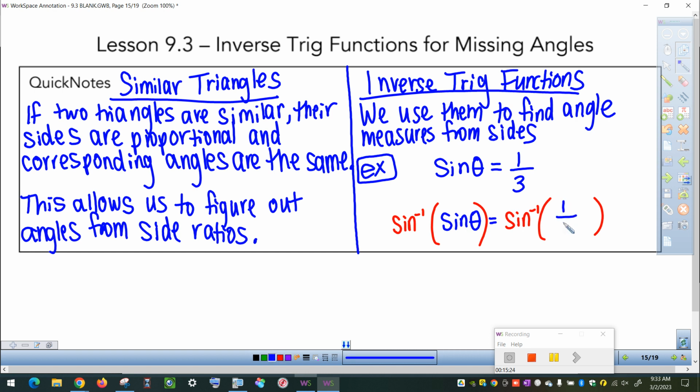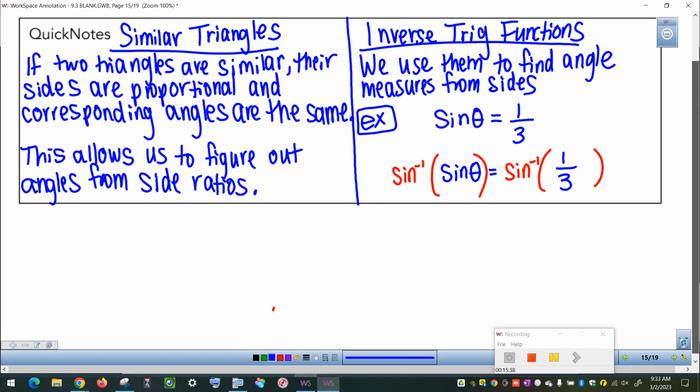So think about starting with sine theta equals 1/3. The thing that we are going to do to both sides is we are going to take the sine inverse of both sides. Now, an inverse function always undoes what the original function does to the original input. And so on this left-hand side, this sine inverse is going to undo or cancel out the sine, leaving us with just theta.